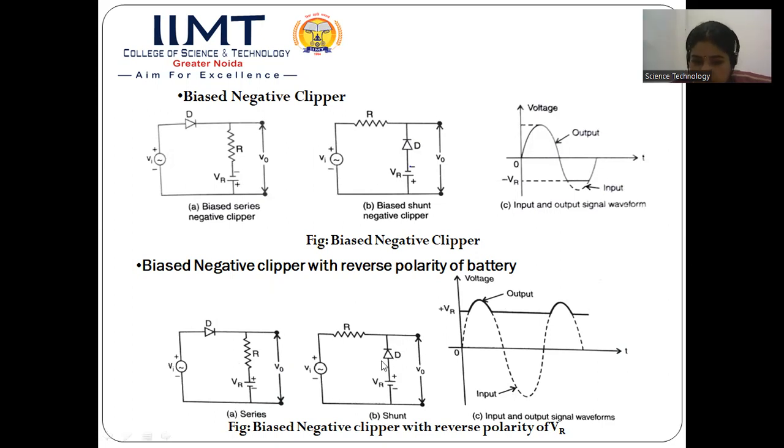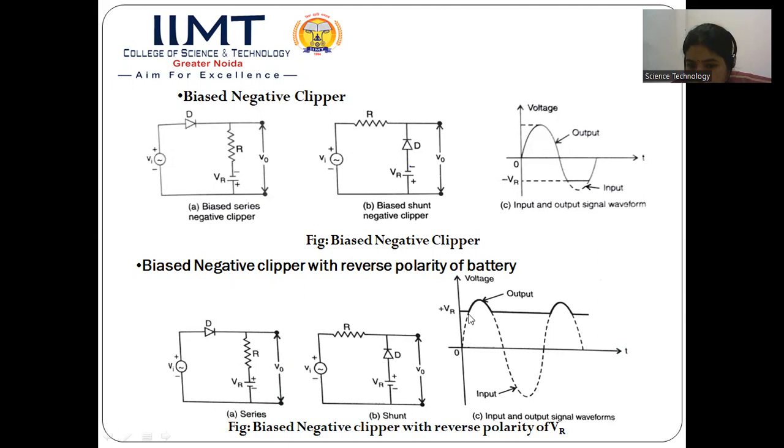And the same thing happens with the shunt clipper. Now let us consider that also. During the positive half cycle, this diode is reverse bias as the n is connected to positive, and as per VR this is forward bias. So as long as the value of Vi is lesser than VR, this diode will be forward bias. If it is forward bias, there is no voltage drop across this diode, so there will be no output voltage.